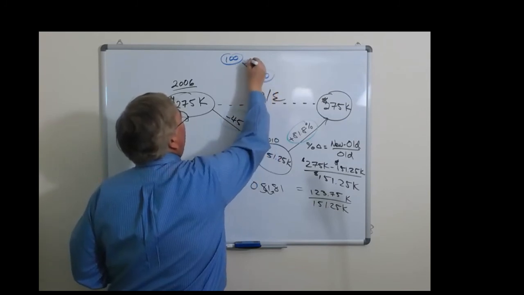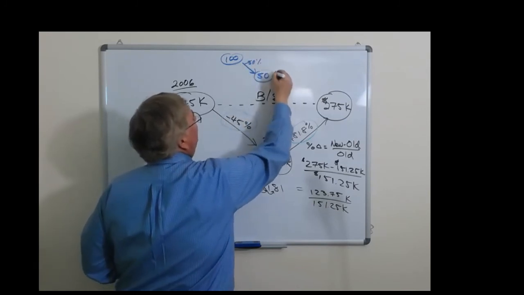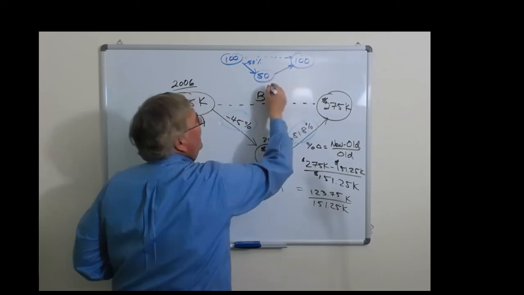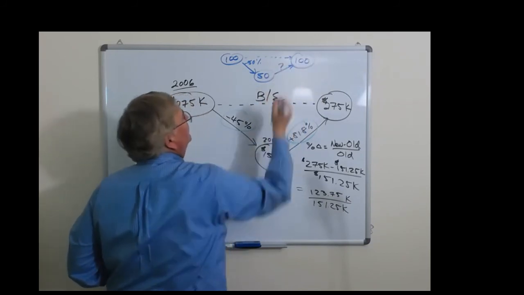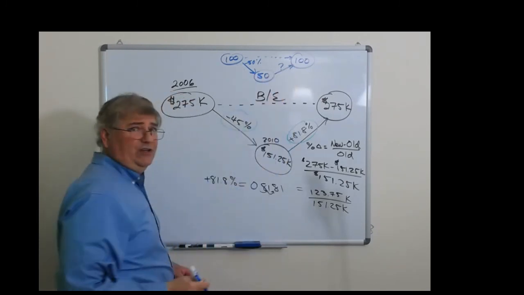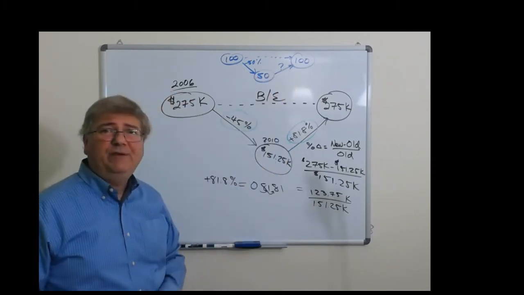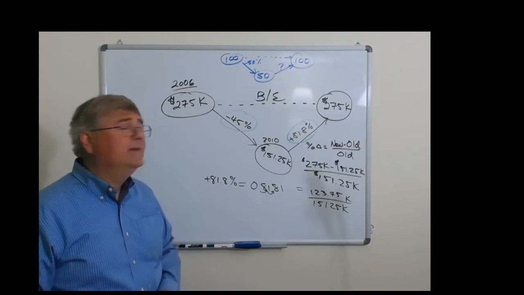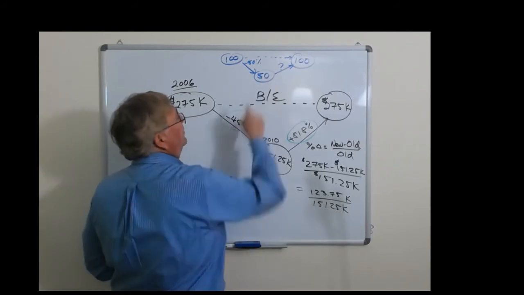That's a 50% drop. Most people, when asked how much of a percentage rebound do you need to get back to break even after experiencing a 50% drawdown, most people say 50%. And they're wrong. Because what's 50% of 50?